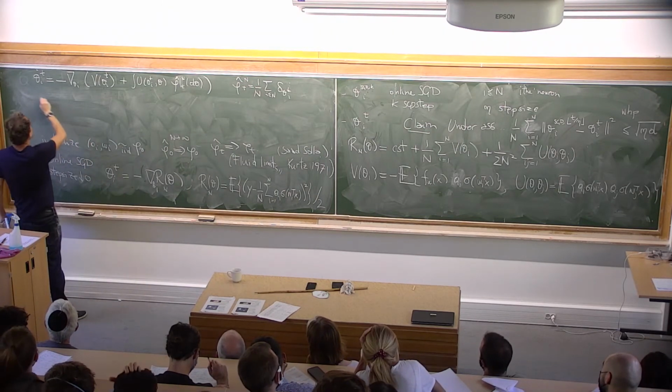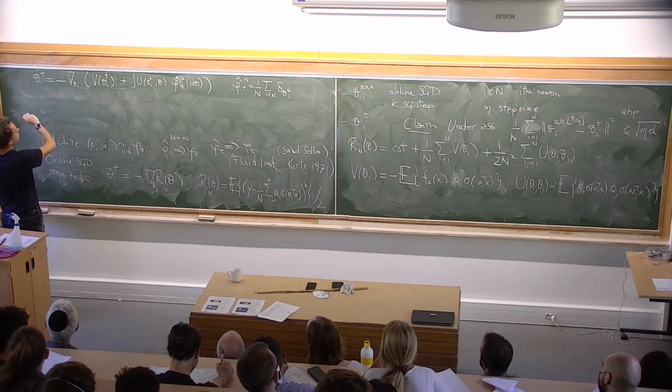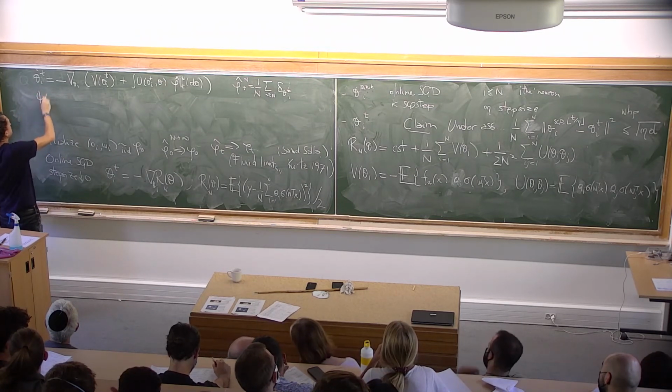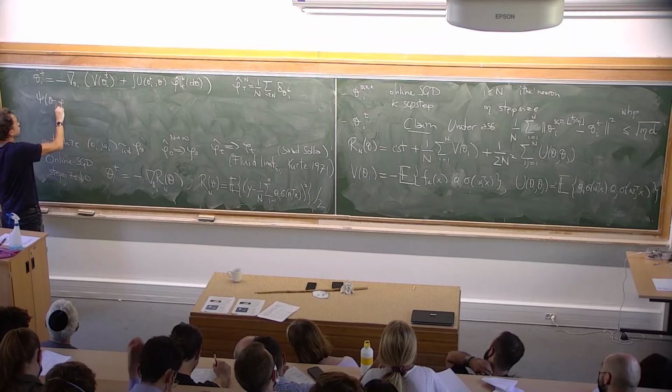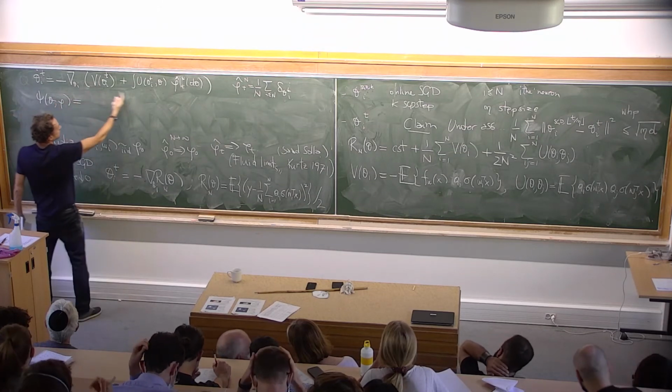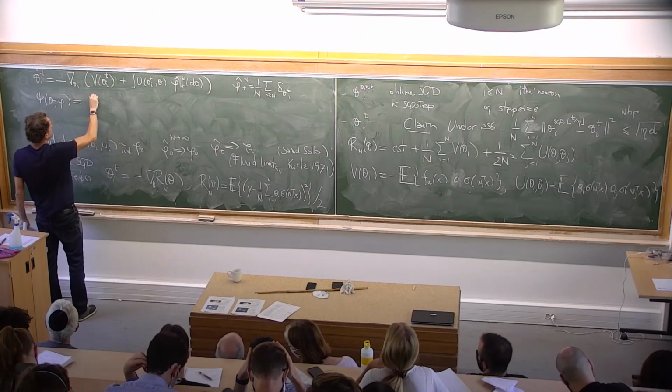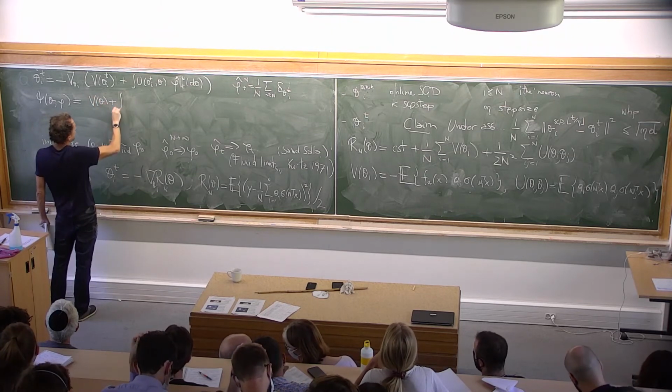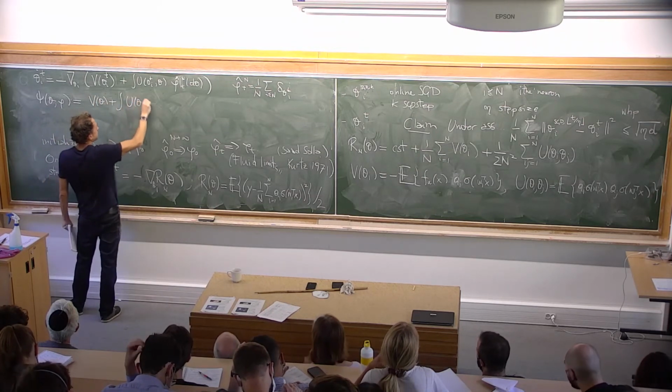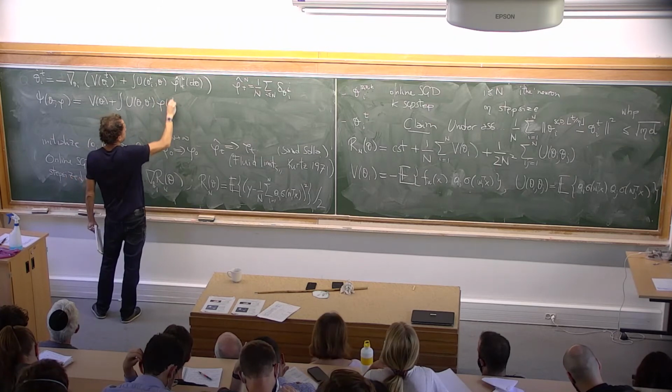let me call psi of theta, rho. I'll define this to be this potential seen by a single particle. So it's V of theta plus the integral of U of theta, theta prime, rho d theta prime.